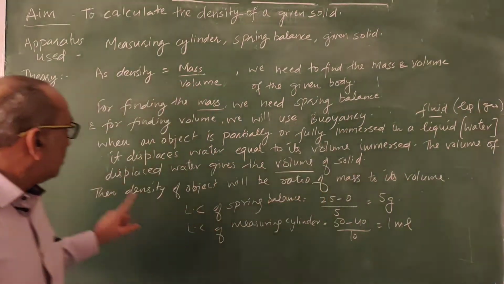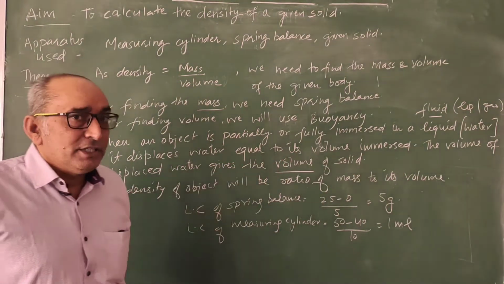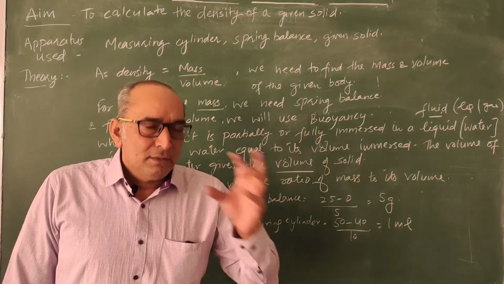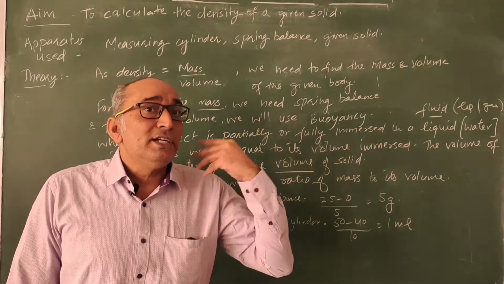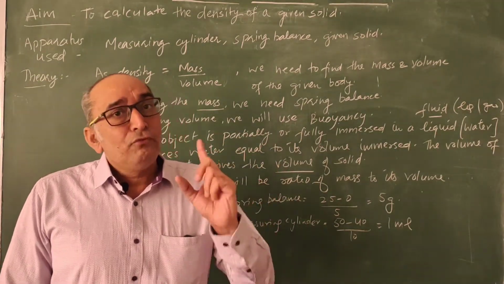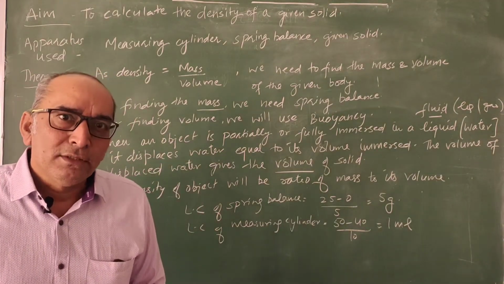The volume of displaced water gives the volume of the solid. The solid will displace liquid equal to its volume. The volume of displaced water will be equal to the volume of the given solid.